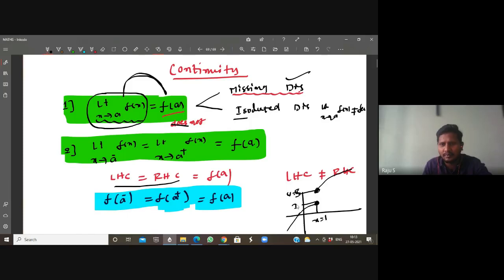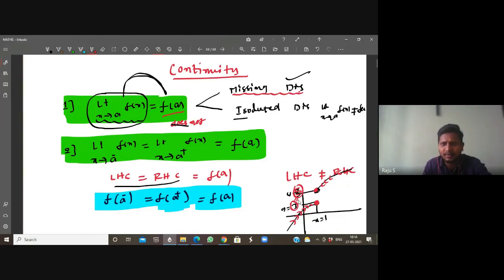What do you observe here? It approaches from the left side, so the value tends to x is equal to 1. The LHC value is 3, but the function value at x is equal to 1 is 5. So right hand limit is 5, left hand limit is 3.